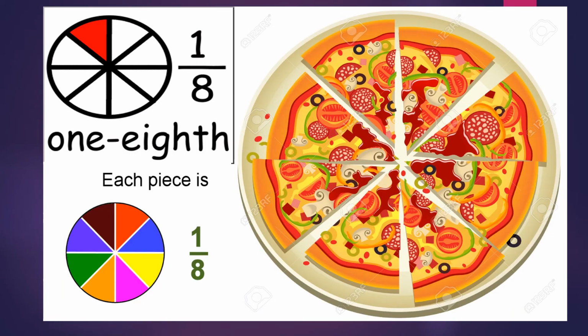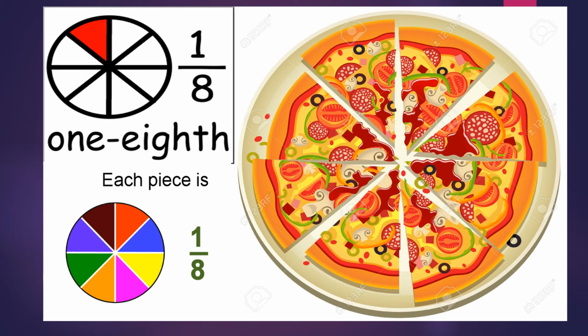Now let's see one last example of a fraction, which is 1 by 8th. So what is 1 by 8th? When an object or any shape for that matter is cut into 8 equal parts, each part represents 1 by 8th.